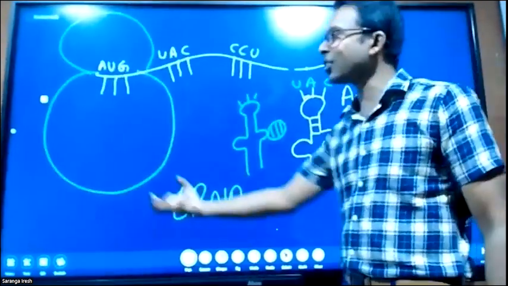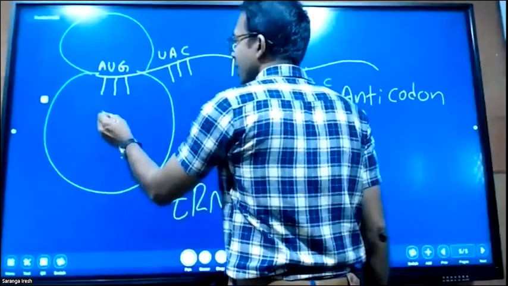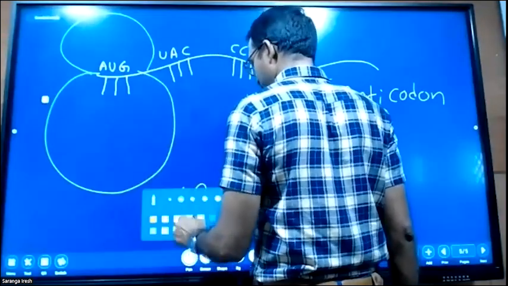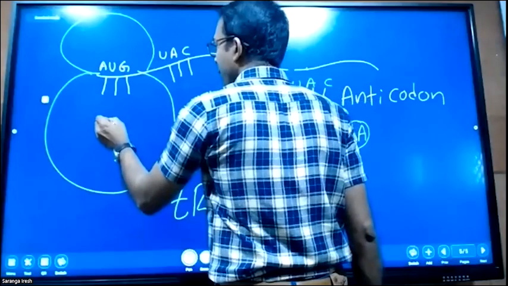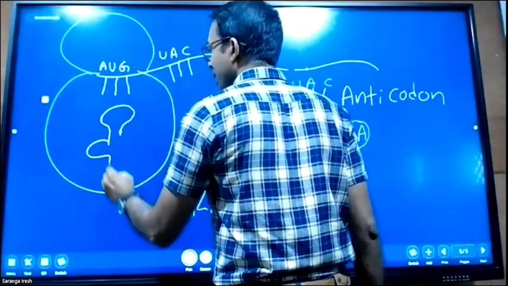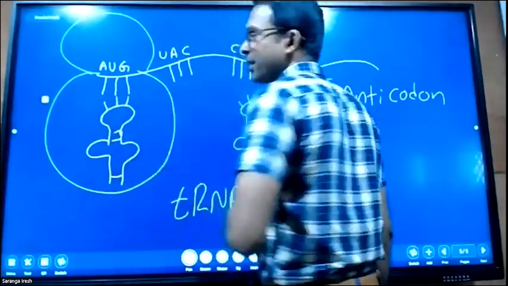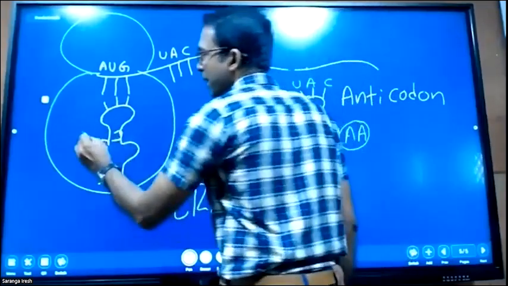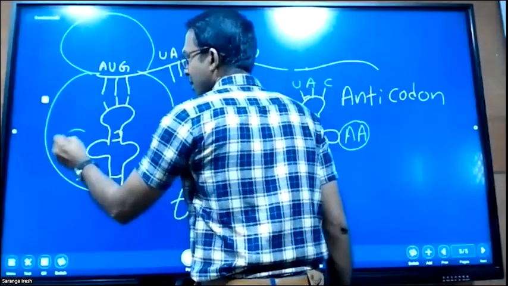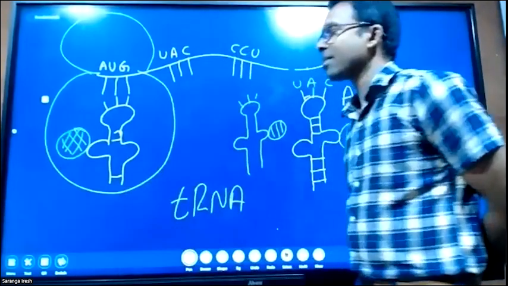This tRNA is transferred into the ribosome and gets paired with the bases present in the mRNA. Bases are paired with that, and also it carries its own amino acid.